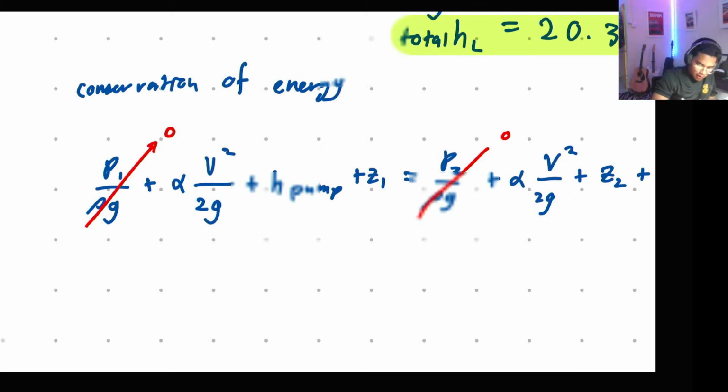Pressure difference is H pump darab rho G. 25.32 darablah dengan what is that? 920, 9.81. 25.32 times 920 times 9.81. You will get 228.52 kilopascal.